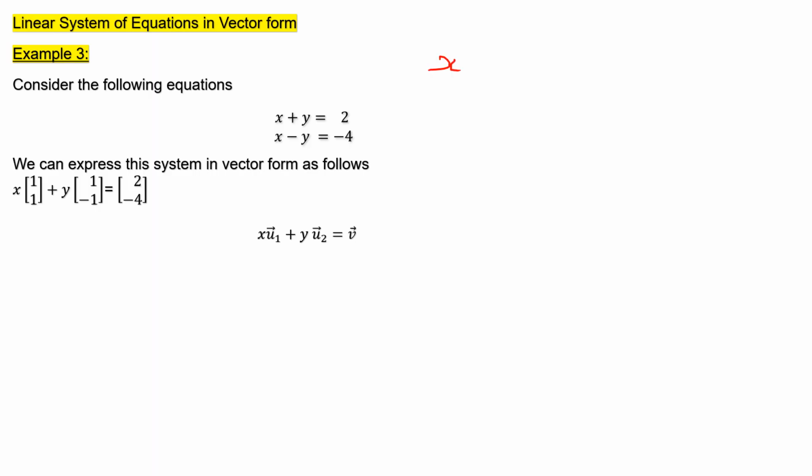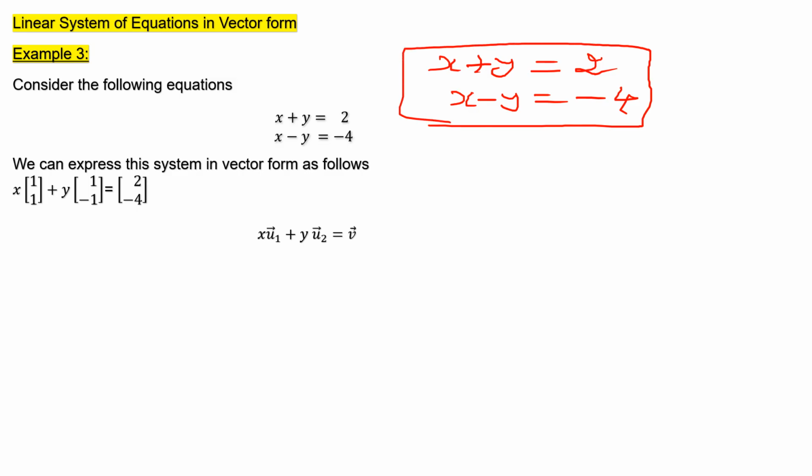Say for example, if I have two equations, x plus y equal to 2 and x minus y equal to minus 4, then we can express this system of linear equations in a vector form like x, then we take the coefficient of x here, the coefficient of x here and write it in the column elements, plus y, then we consider the coefficient of y here, which is plus 1. Here in the second equation the coefficient of y is minus 1, so I can write 1, minus 1.